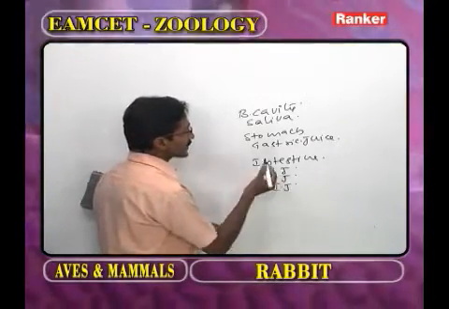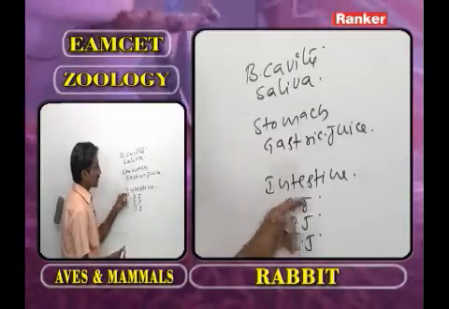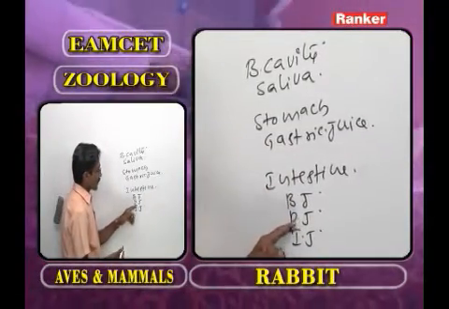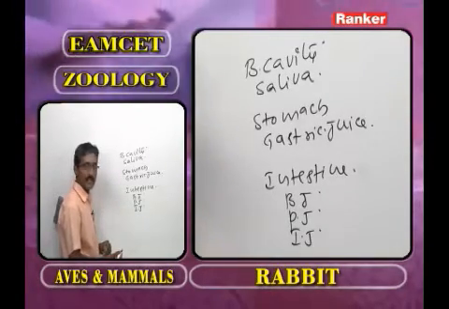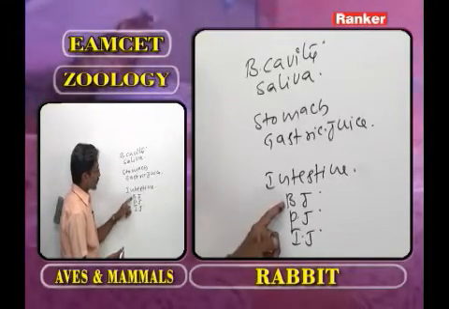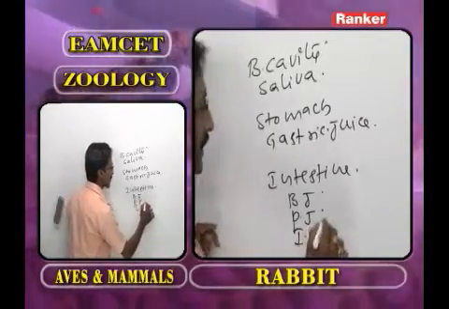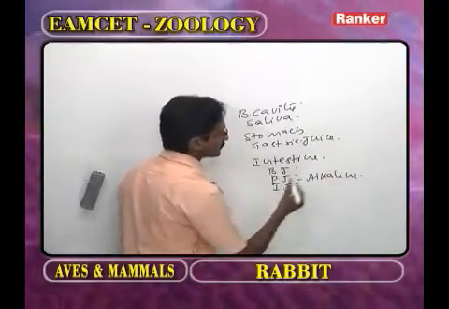Now as we observe the bile juice, the enzymes are totally absent in it. In the pancreatic juice and in the intestinal juice the enzymes are present. Bile juice, pancreatic juice and intestinal juice are alkaline in nature.